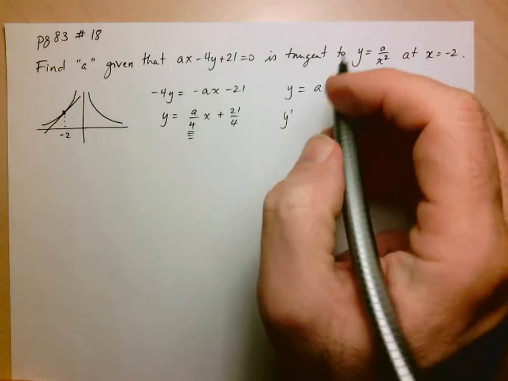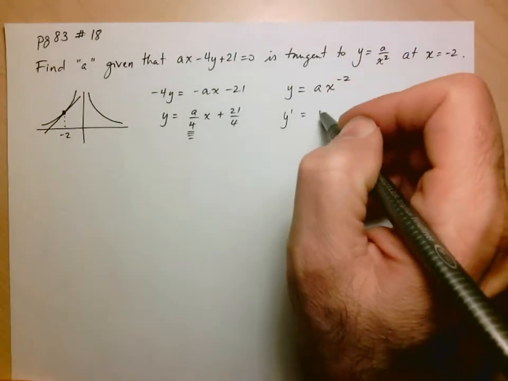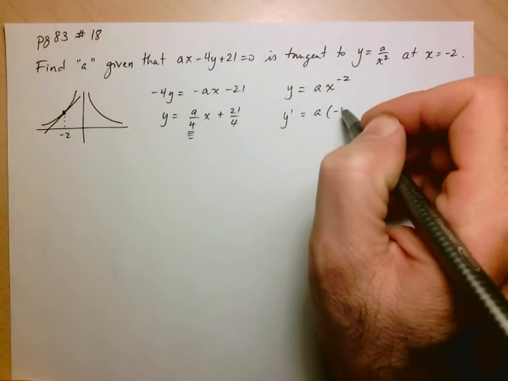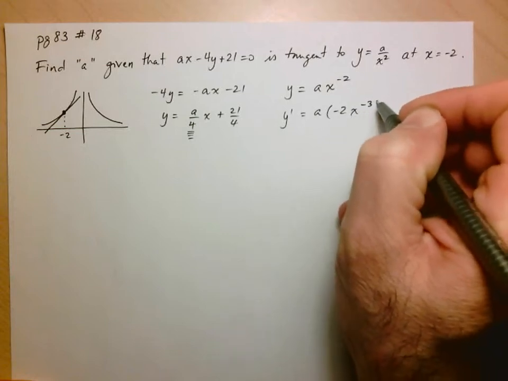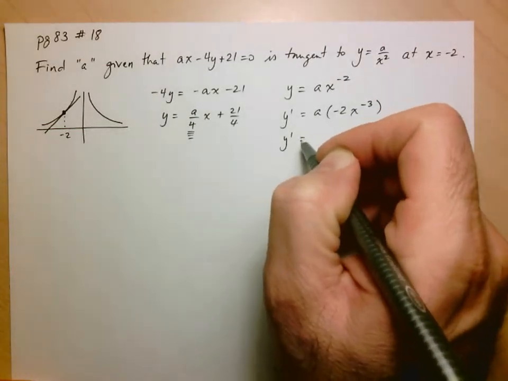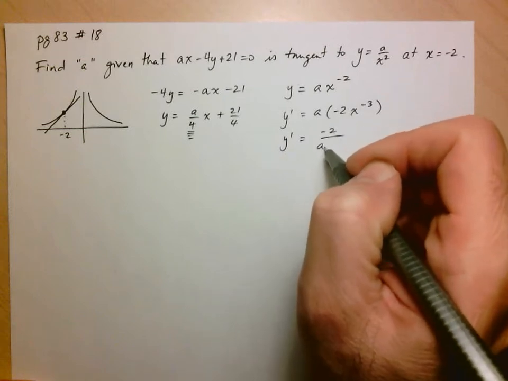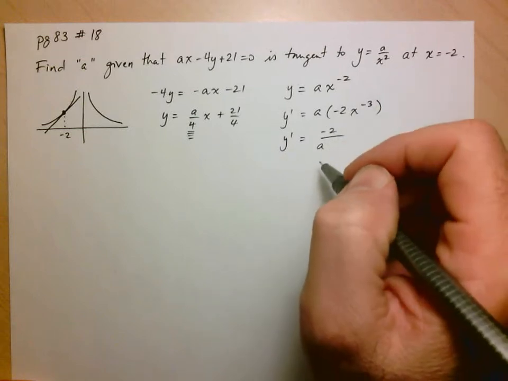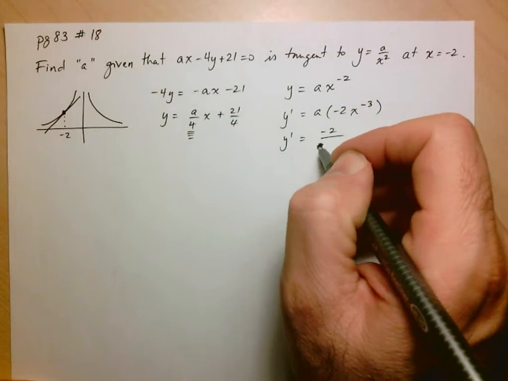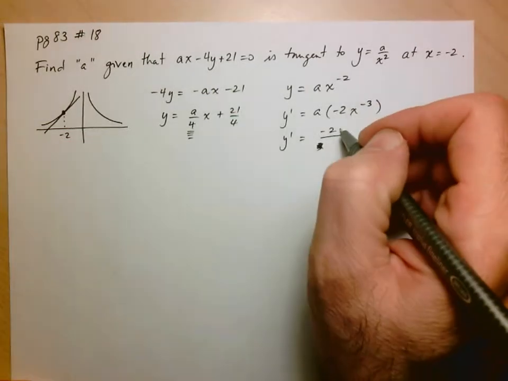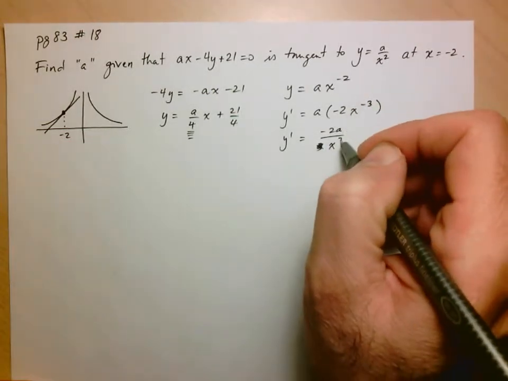Here a is just a constant, so we have negative 2 times x to the negative 3. And so y prime is equal to negative 2a over x cubed.